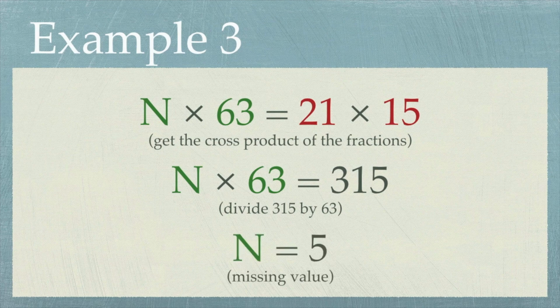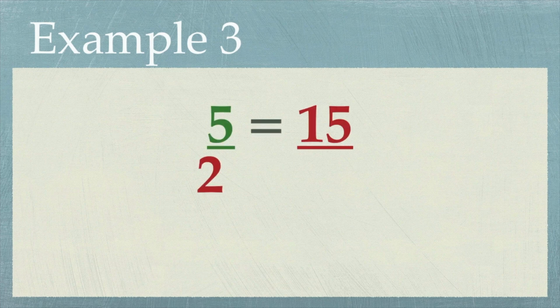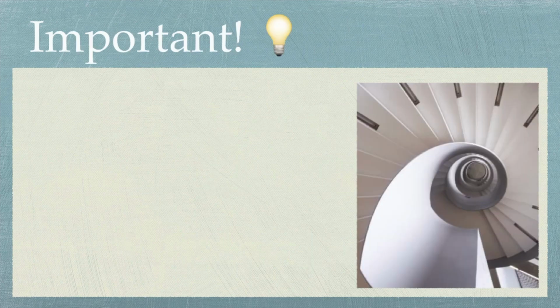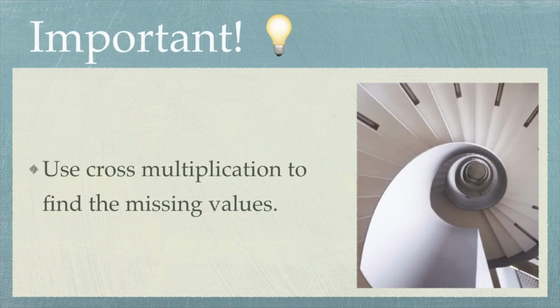Therefore, n equals 5. So the missing value is 5. So it now becomes 5 over 21 equals 15 over 63. In ratio, 5 to 21 equals 15 to 63. Once again, use cross multiplication to find the missing values.